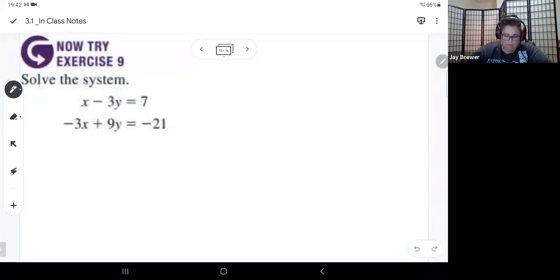Okay, let's do this one. Right away, you should notice there's a pattern here. So you could go ahead and solve this by substitution, because we do have an x here by itself.